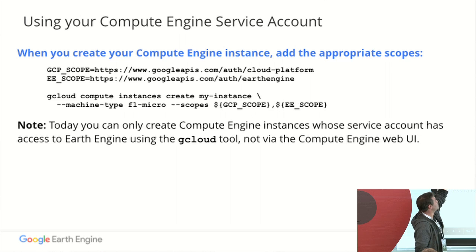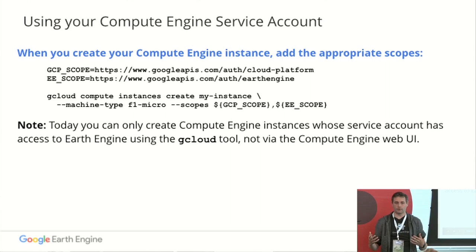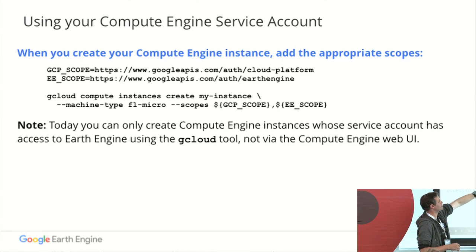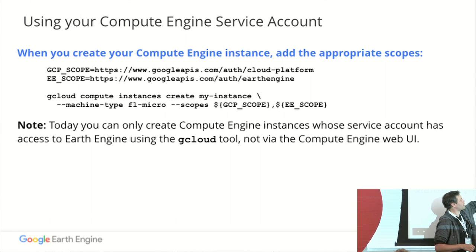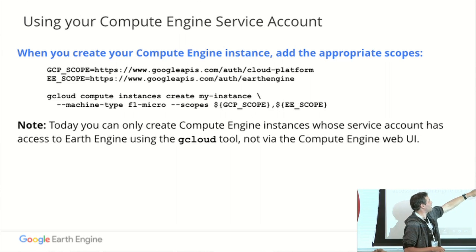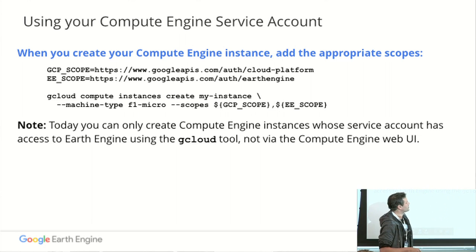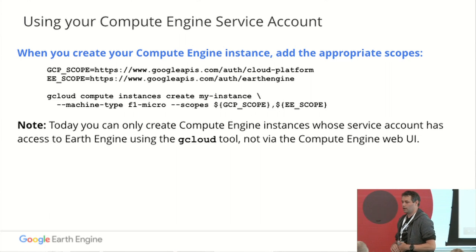earthengine currently uses a different, what we call authentication scope than the rest of Cloud Platform. This we hope will change over time, but for now, this means that when you create your compute instance, you have to tell it what scopes you want that account to be able to access. And so you tell it both the standard Cloud Platform scope and the earthengine scope.